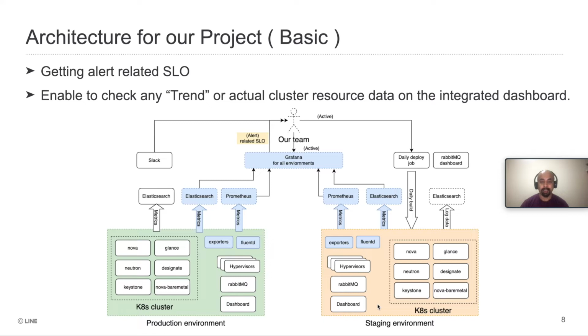We get all the metrics from the environments. We push it onto the Elasticsearch or the Prometheus, and then we integrate it all together into Grafana. We also attach Slack into the system, so that if there is any alert, or any issue which has to be reported and raised to the developers, then we do it as soon as possible.